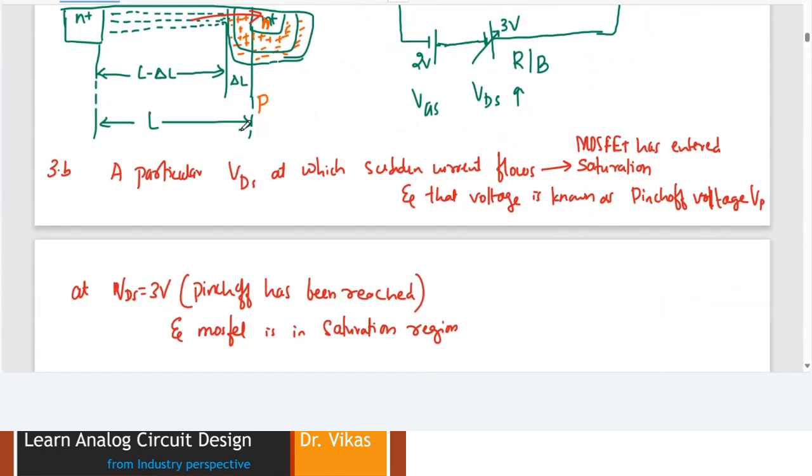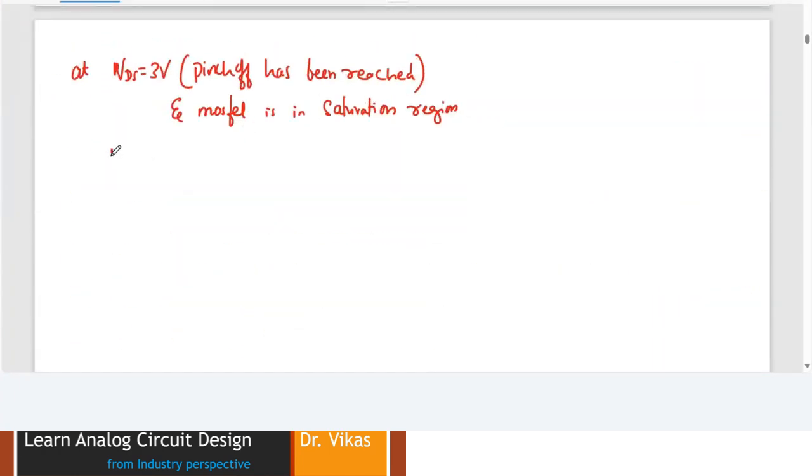So if I want to draw the graph of that particular thing, it would look something like this. This is my VDS. I'm increasing the VDS, and let's see what is going to happen with respect to ID. And all these are happening for constant VGS equal to 2 volt.